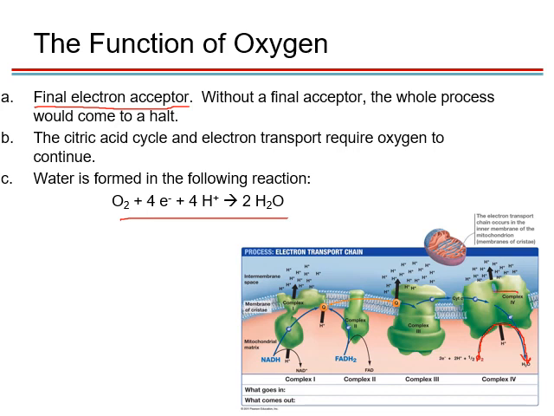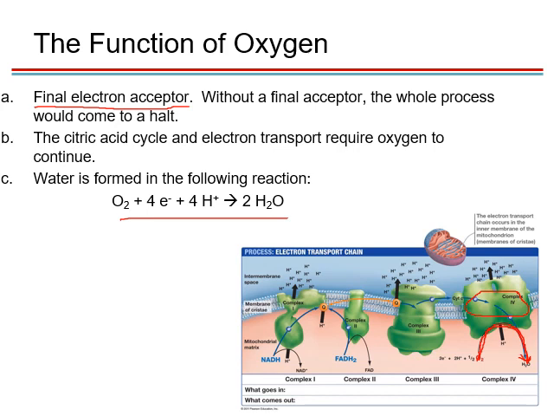When complex 4 is reduced, it cannot accept more electrons until it is oxidized. So who is doing the oxidation of complex 4? Oxygen is picking up the electrons and being formed into water.